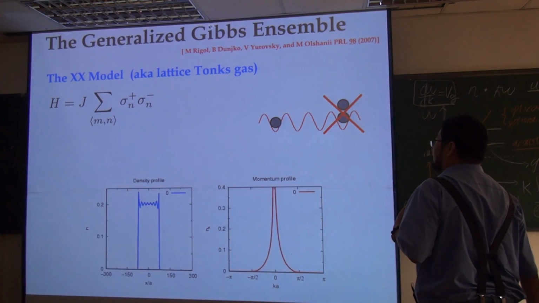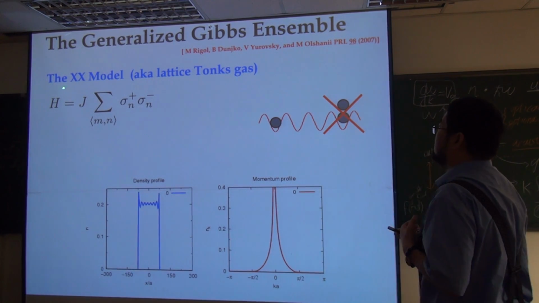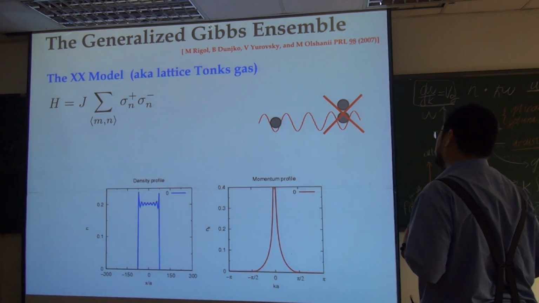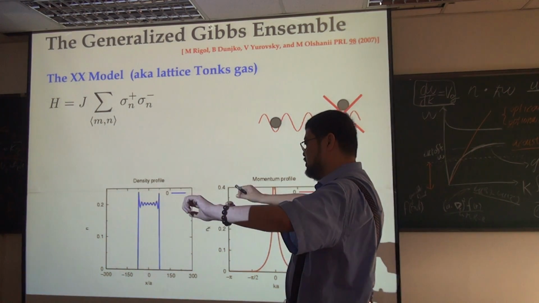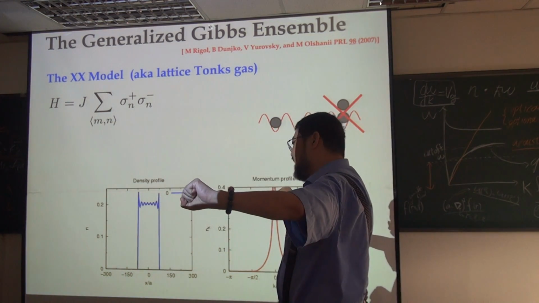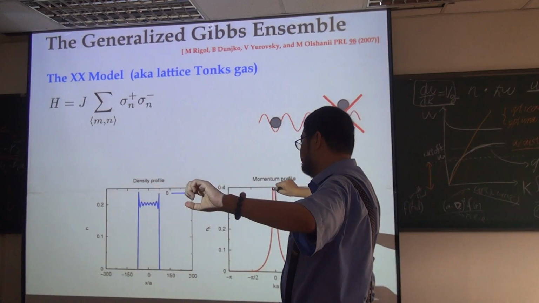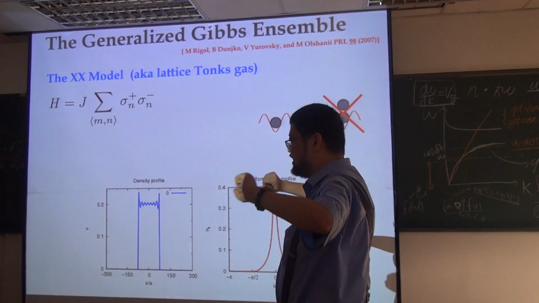So you have hardcore bosons, and then you put these bosons in a box, and at time 0 you just extend this box, and the system is the same on each side.